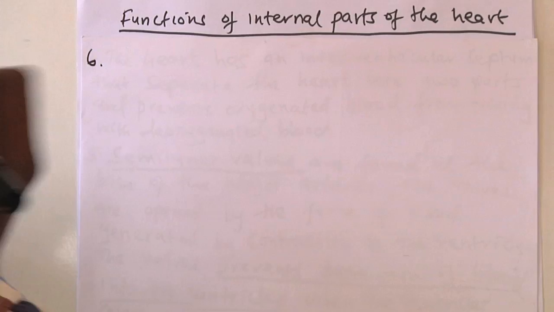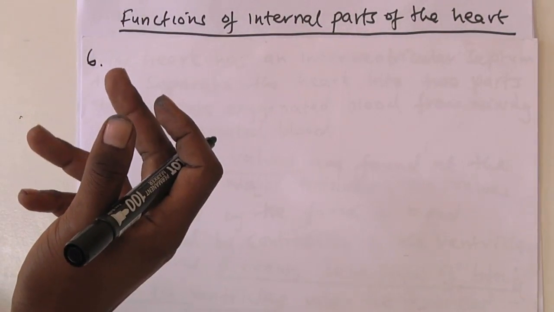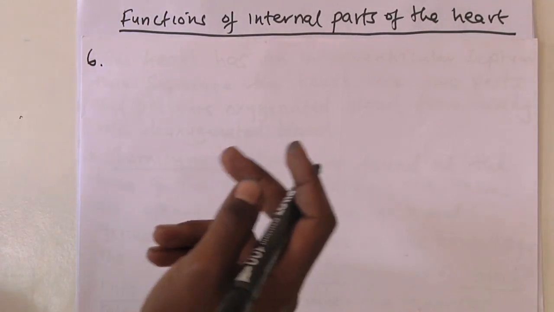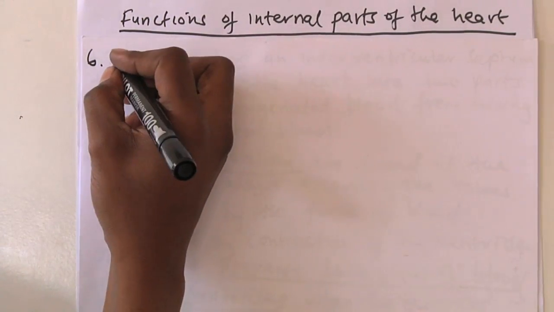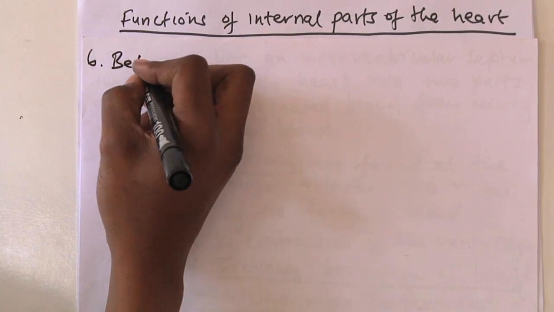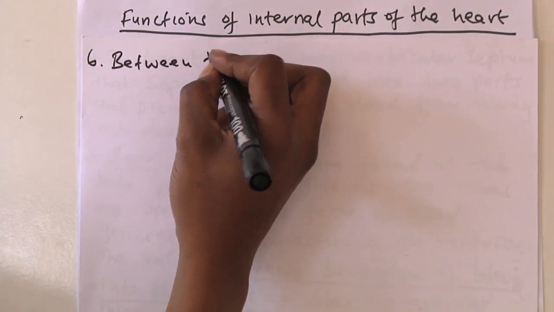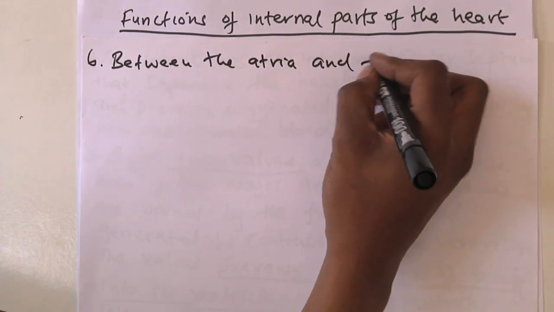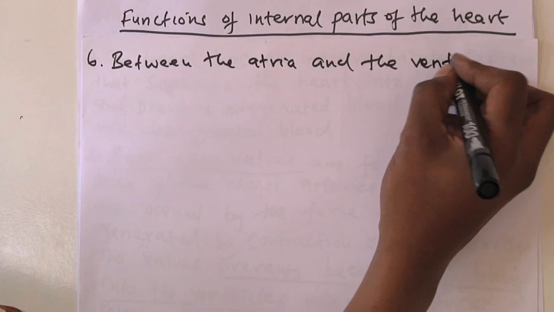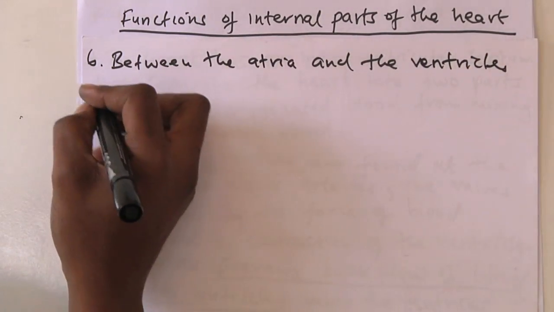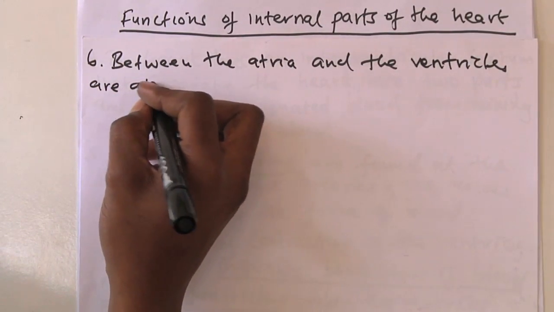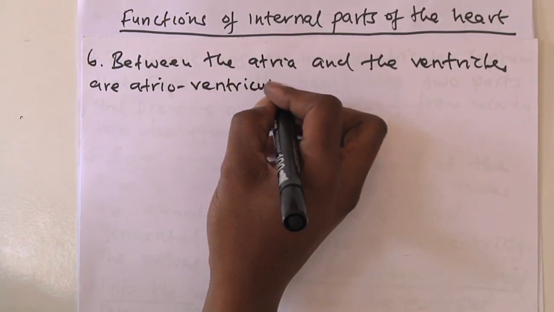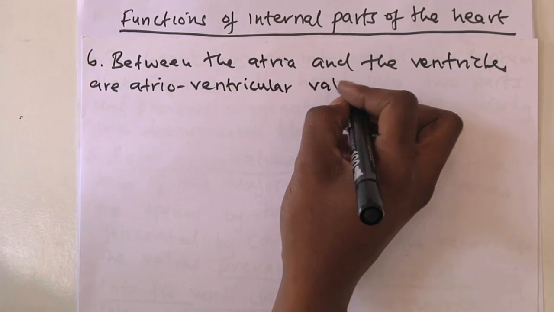Number 6, one of the other internal parts of the heart is what we call the atrioventricular valves. Now these atrioventricular valves, we say that between the atria and the ventricles are atrioventricular valves.